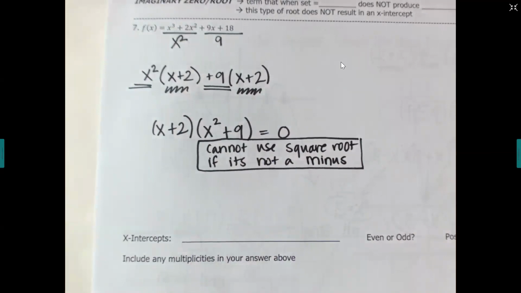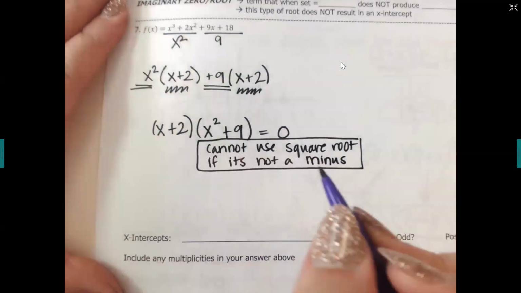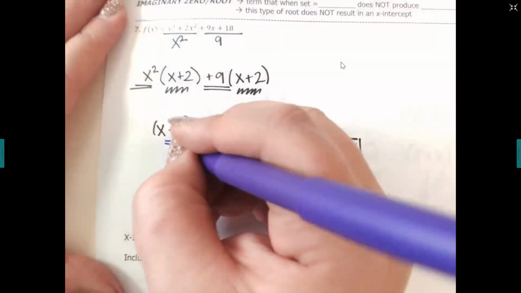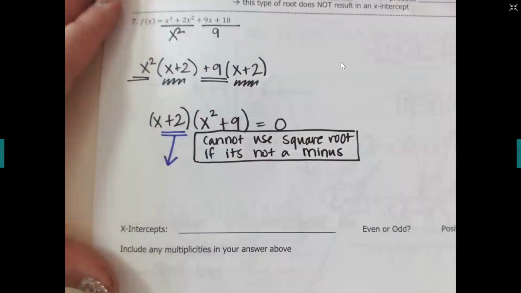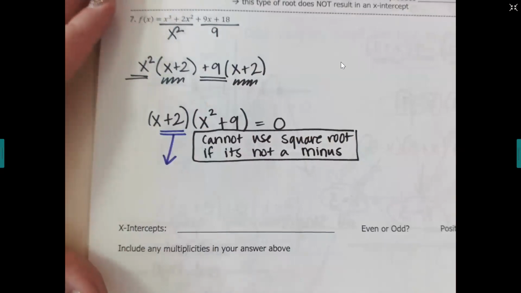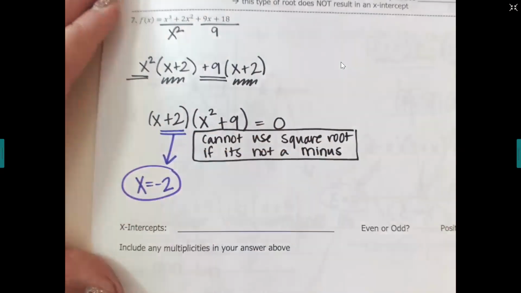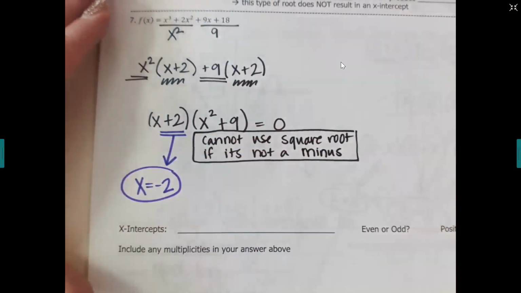So let's talk about why. If my first parentheses is an x plus 2, what's the answer going to be? Reverse the sign, it'll be a minus 2. And then quick question, is it a single or a double?